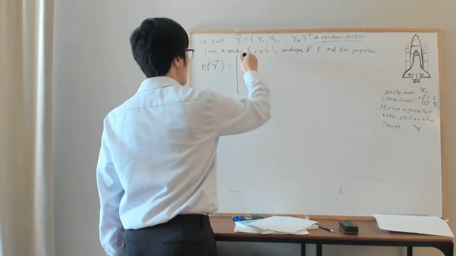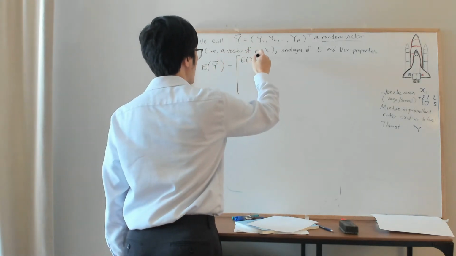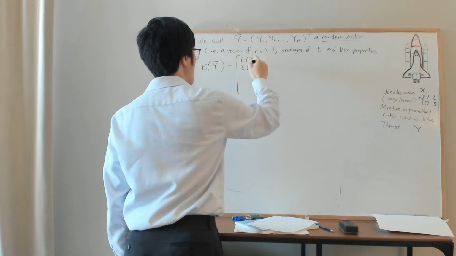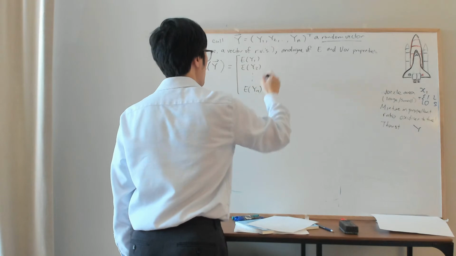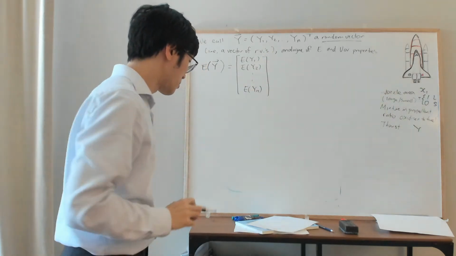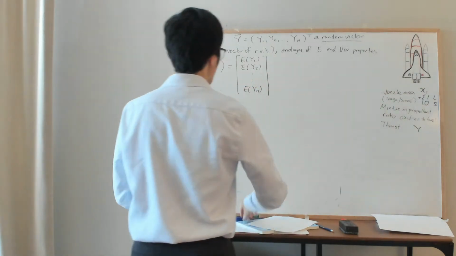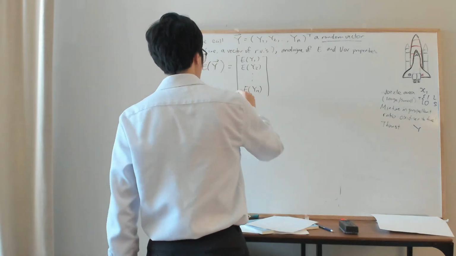We simply take the expectation of each component, so E of y1, E of y2, up to E of yn.